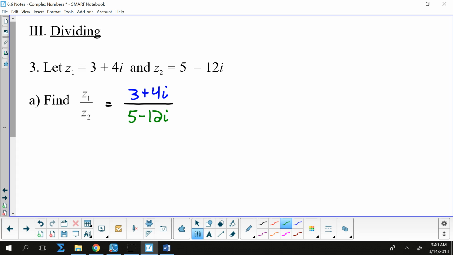Do I like that fraction? Why not? There's an i in the denominator, right? Okay? So I have to multiply both top and bottom by the, not the reciprocal, the conjugate of the bottom, right? So I have to multiply by the conjugate of the denominator. So that's 5 plus 12i over 5 plus 12i.